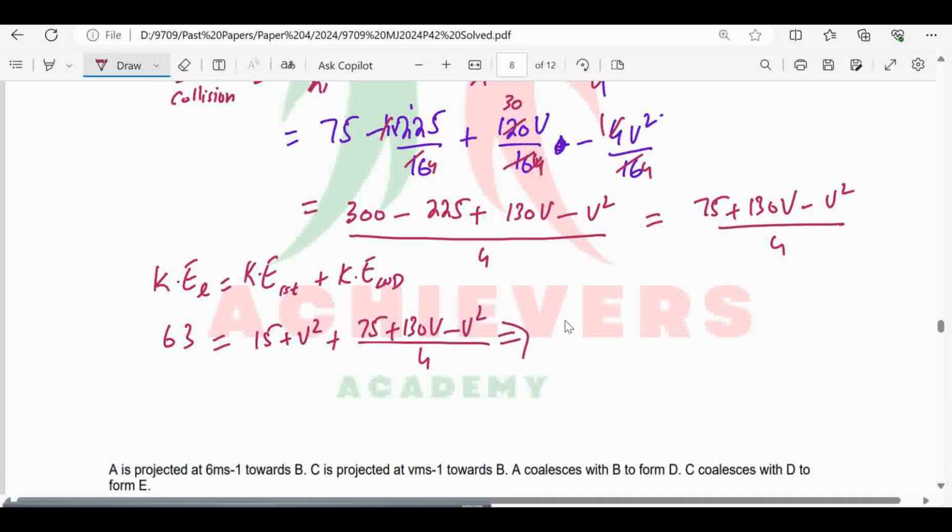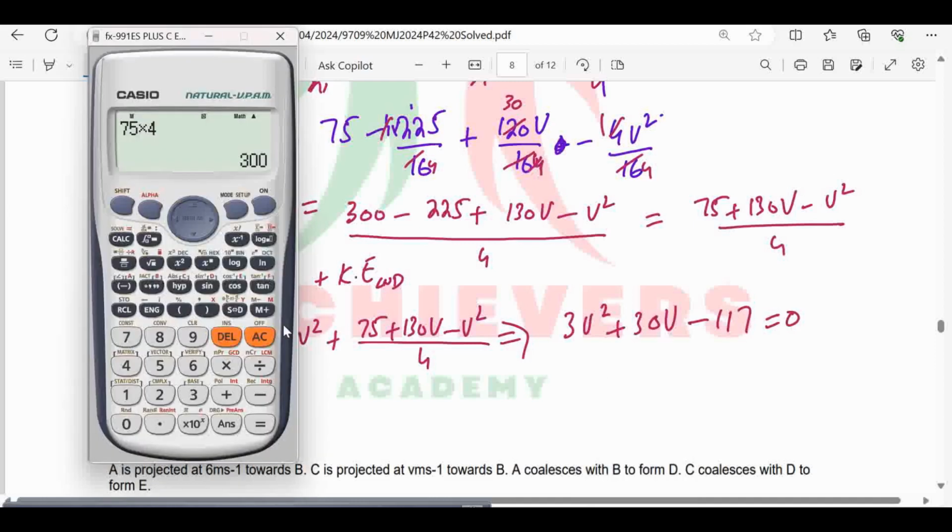From here we will have the equation 3v squared plus 30v minus 117 is equal to 0, and we can use the calculator to find the values.